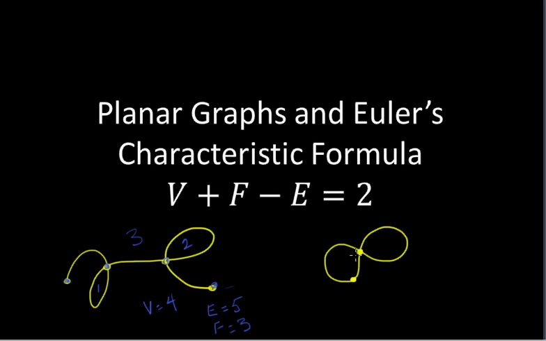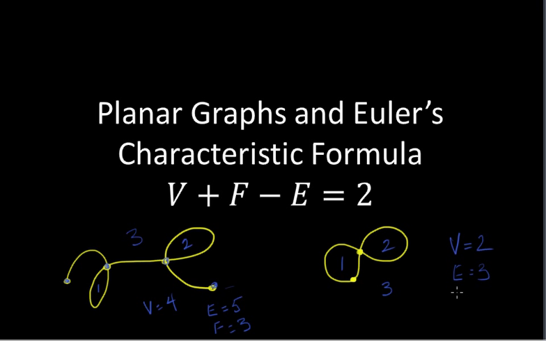Okay, for this one here, we see that we have 2 vertices. And as far as edges, well, we started here. So we had 1, 2, 3. Edges is 3. And faces here, well, we'll have one face here, another one here, and the outside is always considered a face. In other words, the curve divides the whole plane into 3 regions. It encloses regions 1 and 2, and then the whole outside is another region determined by that graph.